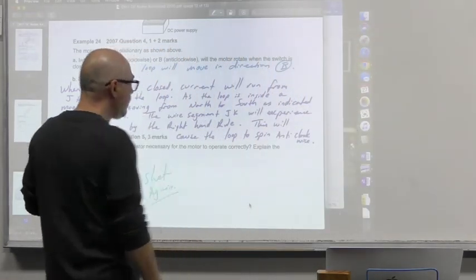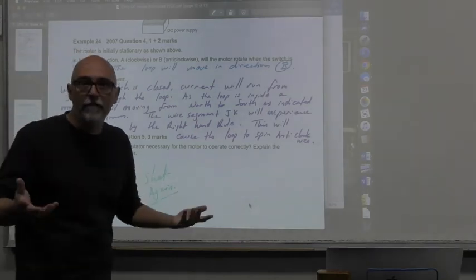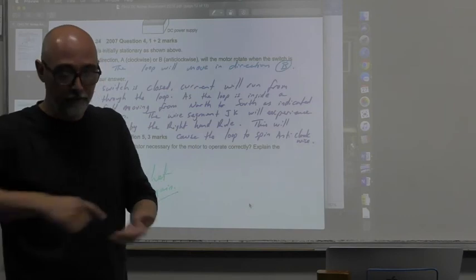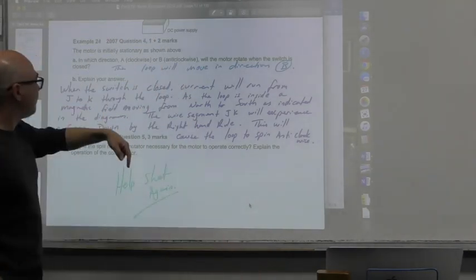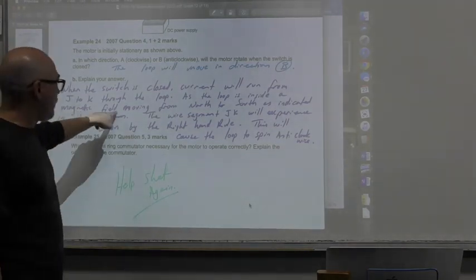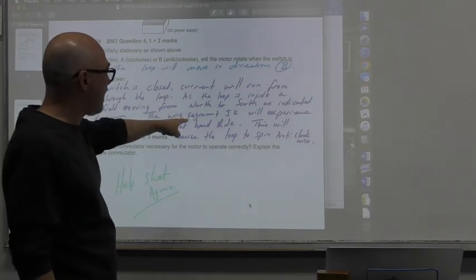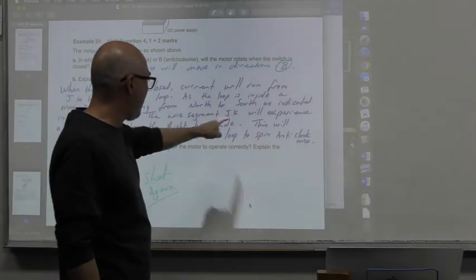When the switch is closed, current will run from J to K. So you explain what's happening. When you close the switch, what happened? Well, the current flows. Why? Because it does. As the loop is inside a magnetic field moving from north to south as indicated in the diagram, the wire segment JK will experience a force down by the right-hand rule.